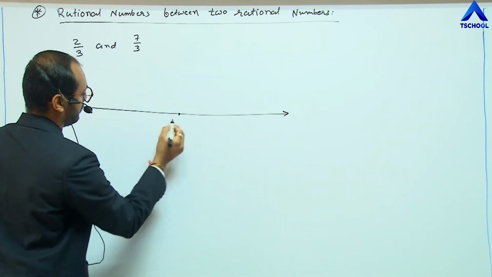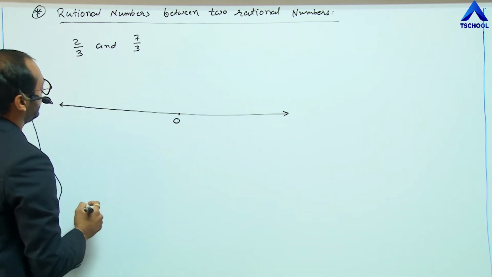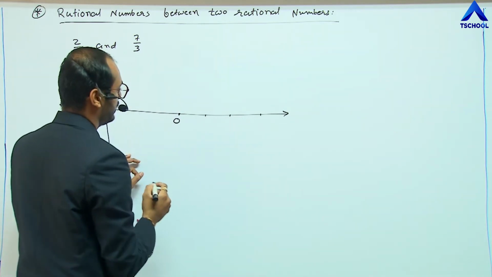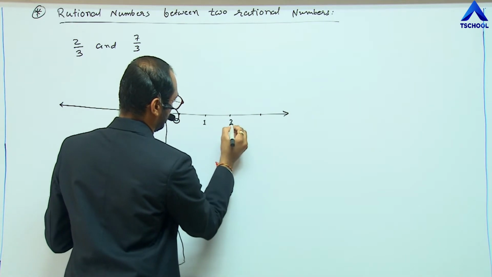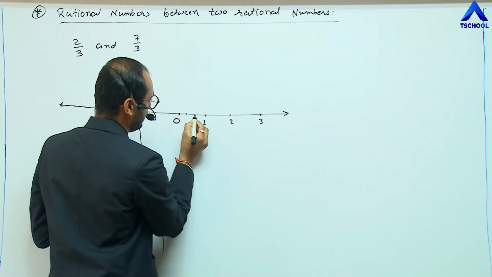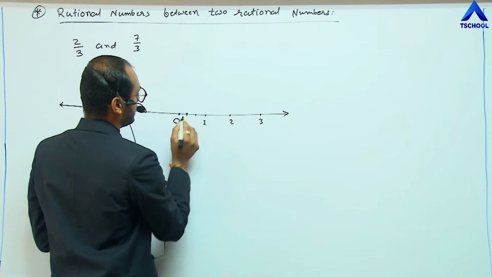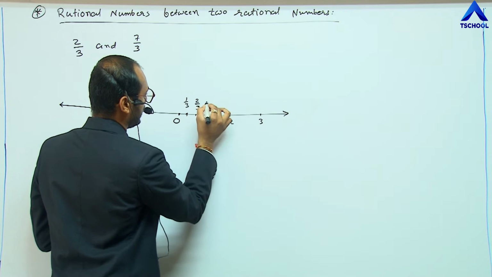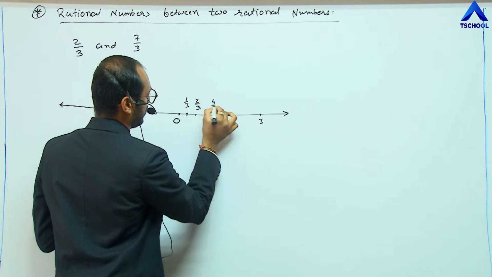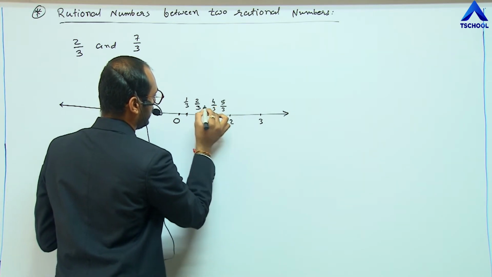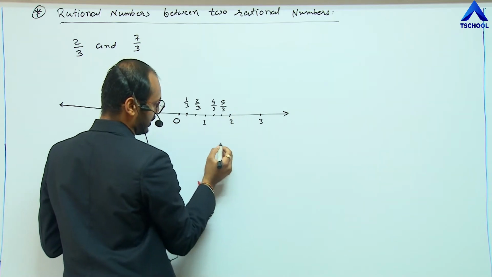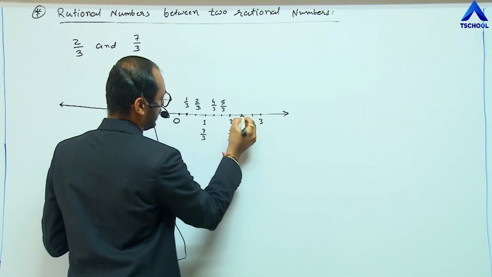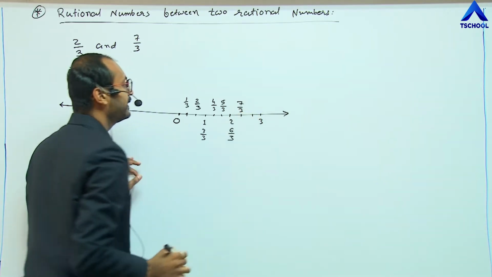Let me take 0, 1, 2, 3, and as we know, at equal distances this is 1 upon 3, 2 upon 3 and 3 upon 3. Then 4 upon 3, 5 upon 3, 6 upon 3. Then here is 7 upon 3.